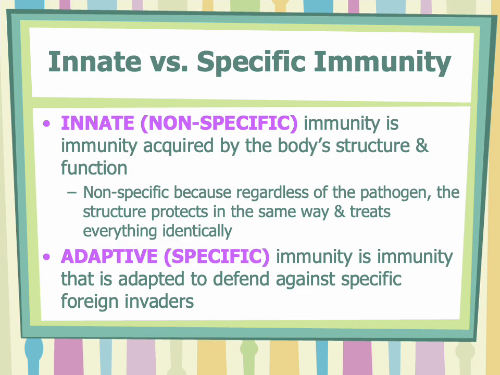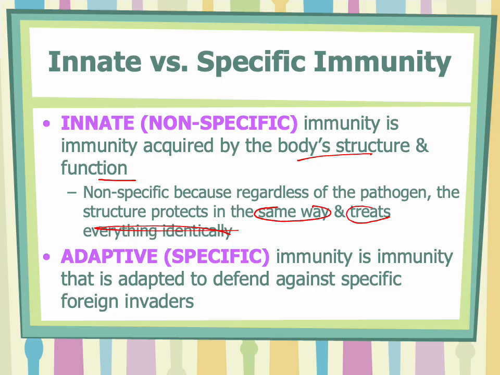So when we talk about innate versus specific, let's talk first about innate. It's not specific and we are born with it, okay? This is immunity acquired by the body's structure and function. It's non-specific because regardless of the pathogen, the structures protect the same way and treat everything identically, okay?